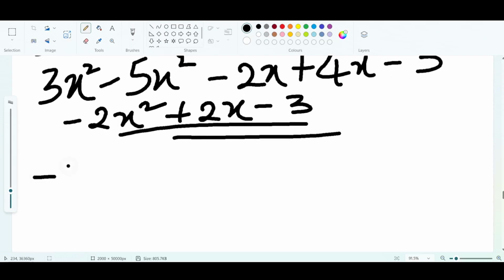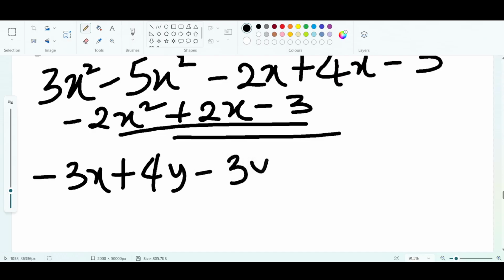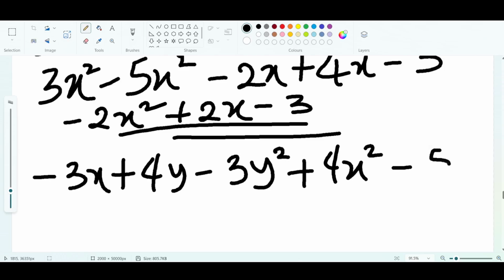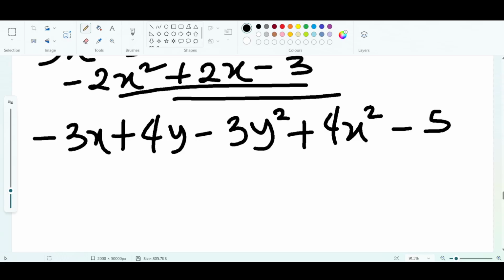So, another example: minus 3, x plus 4y minus 3y squared plus 4x squared minus 5. Now what is the addition of this expression?